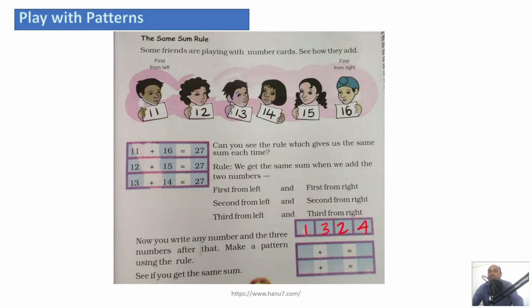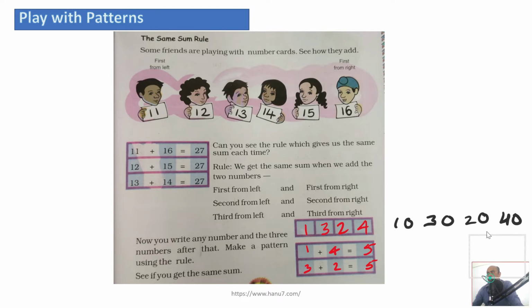First I would like to try with 1. I took 1 and the next three numbers as 2, 3, 4. Then 1 plus 4 gives the sum 5, and 3 plus 2 gives the sum 5. Let us take a few more examples. 10, 20, 30 and 40 are the numbers in the boxes.